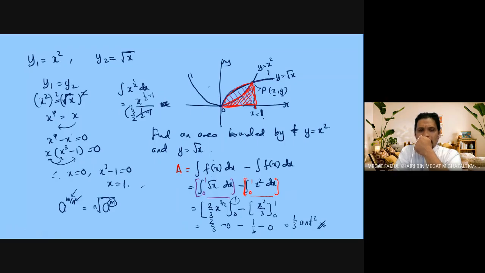The integral from a until b of y dx. Okay, y equal to 2x squared minus 6x.